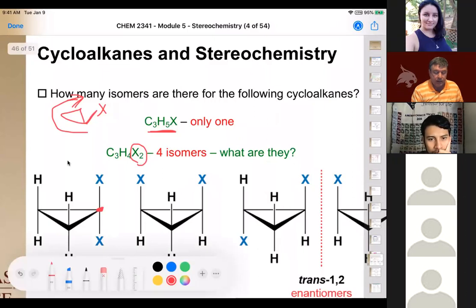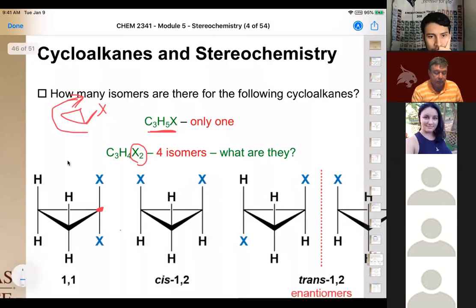Now, if instead of having them attached on the same atom, we put them on carbons 1 and 2 right here, we now have a possibility here. We have a cis possibility where they are both on the same side of the ring, and then we also have a trans possibility where they are on opposite sides of the ring.